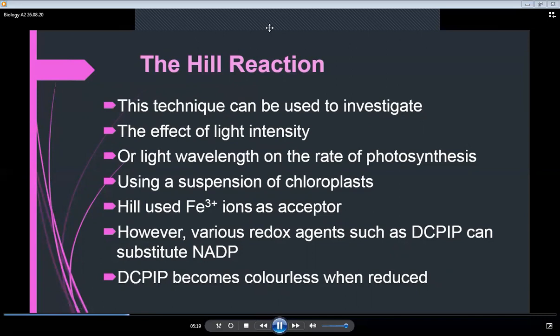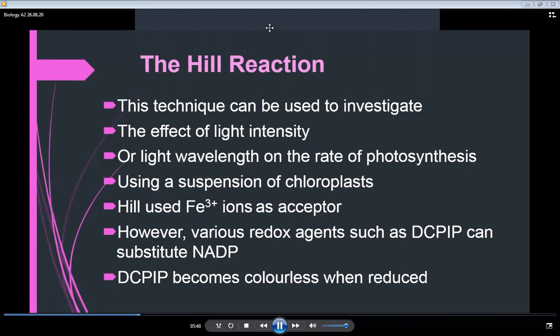Now Robert Hill at that time used ferricyanide ions as an acceptor. But rather than using these ions now, we can use various other redox agents, and a very good redox agent for this purpose is DCPIP. We talked about DCPIP earlier as well. DCPIP stands for dichlorophenol indophenol.